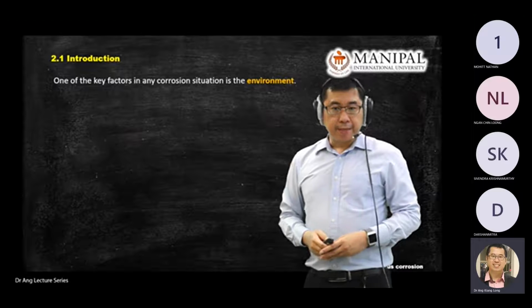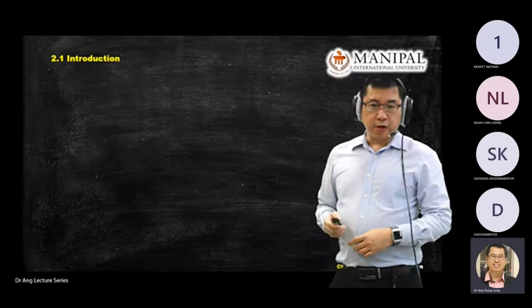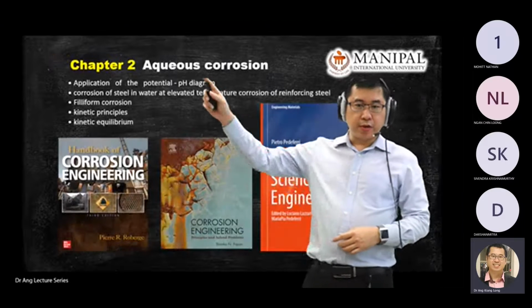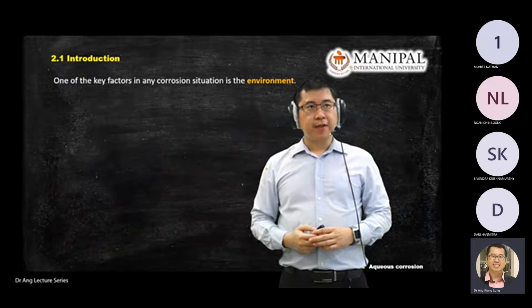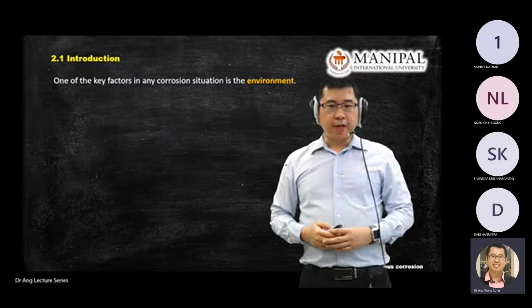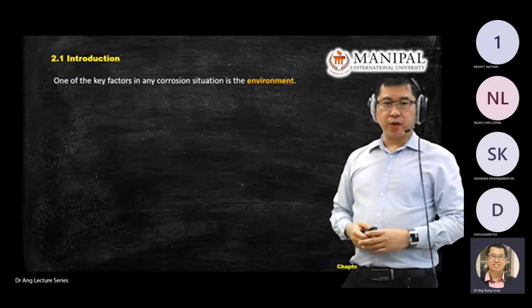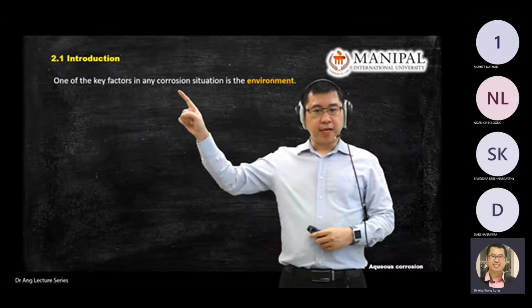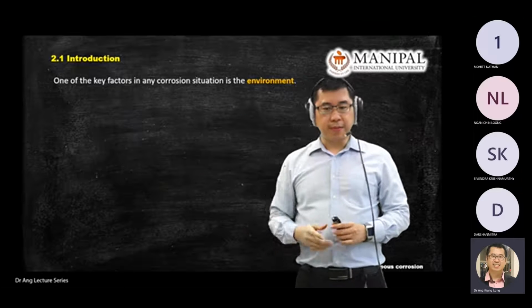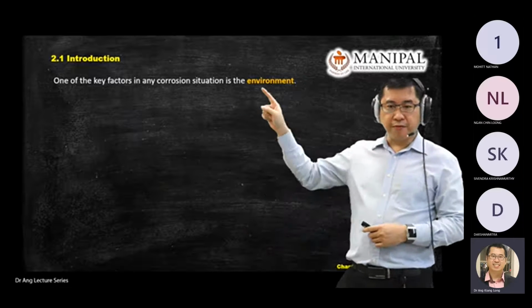Okay. All right. First, when we talk about corrosion or aqueous corrosion, the starting point we need to ask ourselves is how aqueous corrosion happens. So we start with how corrosion happens. One of the factors is environment.